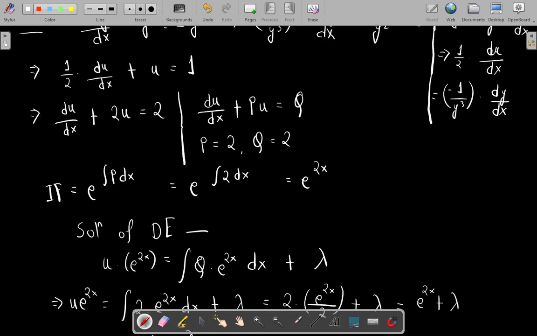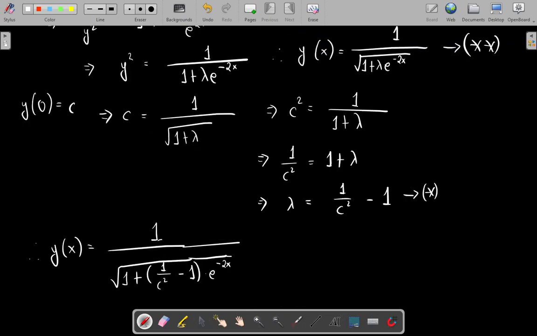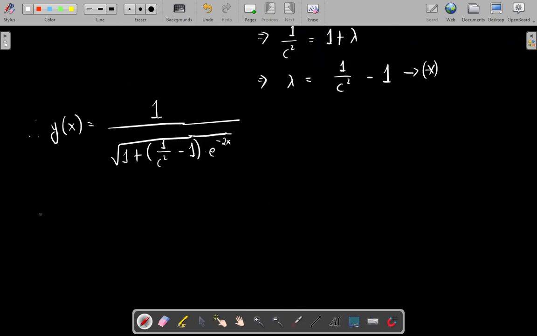Okay, so we have to find the limit of y of x as x tends to infinity. So now we have to find limit of this as x tends to infinity.